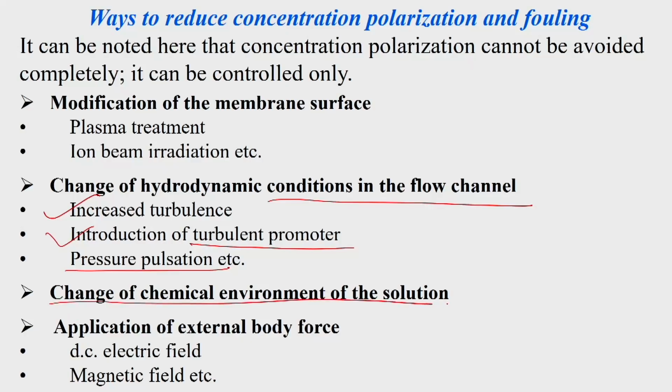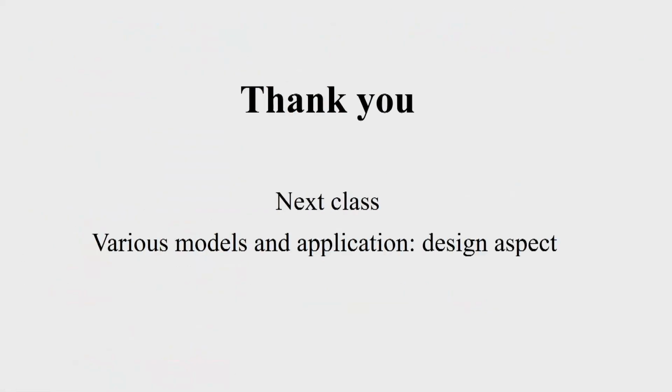Also change in the chemical environment of the solution, and application of an external body force like DC electric power supply or magnetic field. Thank you very much, and in the next class we will be discussing various models, applications and some design aspects.